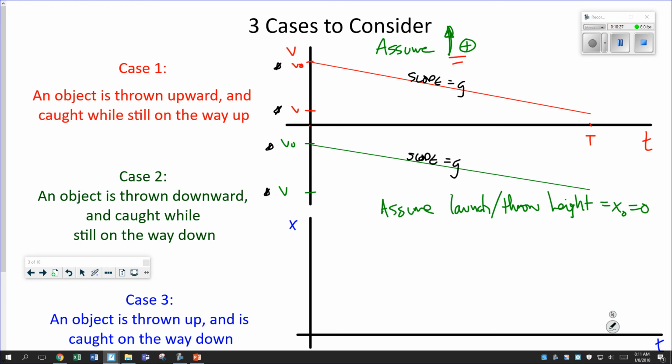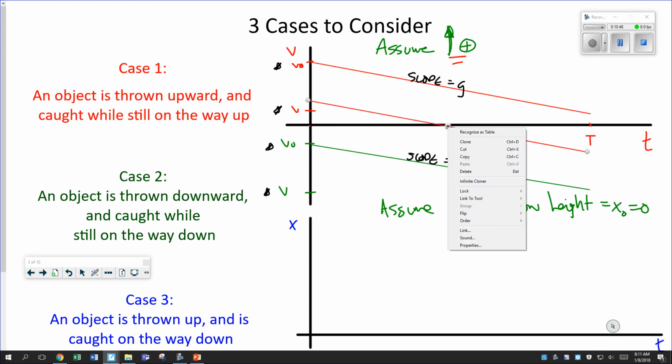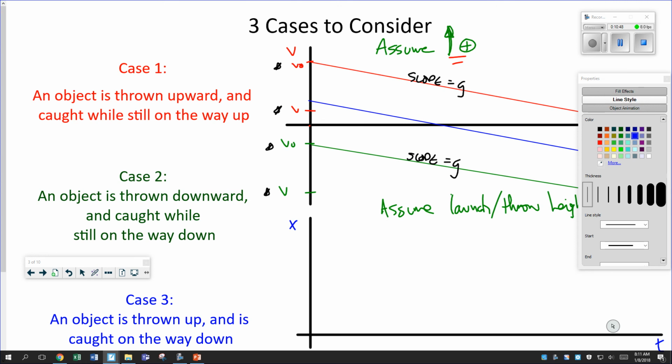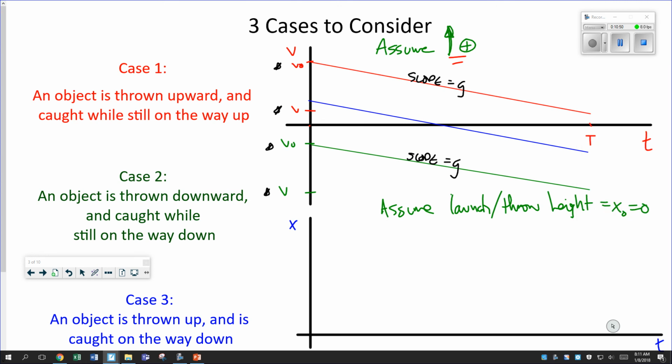All right, case 3, this thing's thrown upward but caught on the way down. Watch what I can do here. I can take this thing and clone it, because I know every graph has to have this slope. So let's say that case 3 maybe looks like this. Watch, I turn this one blue. Now we're in case 3, because in case 3 I start with a positive velocity, positive meaning upward.